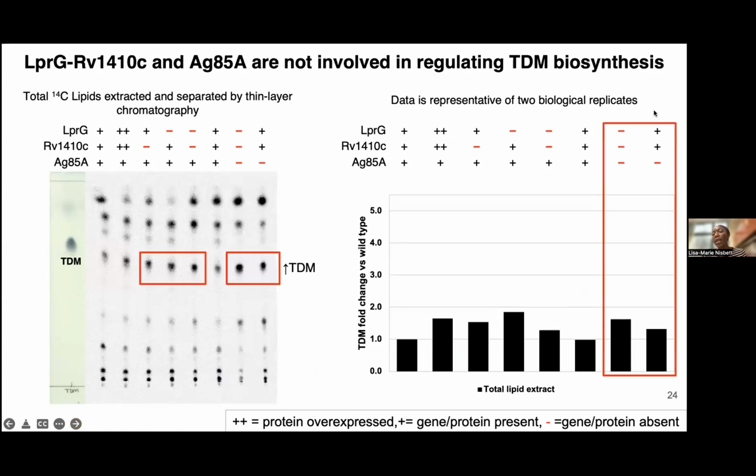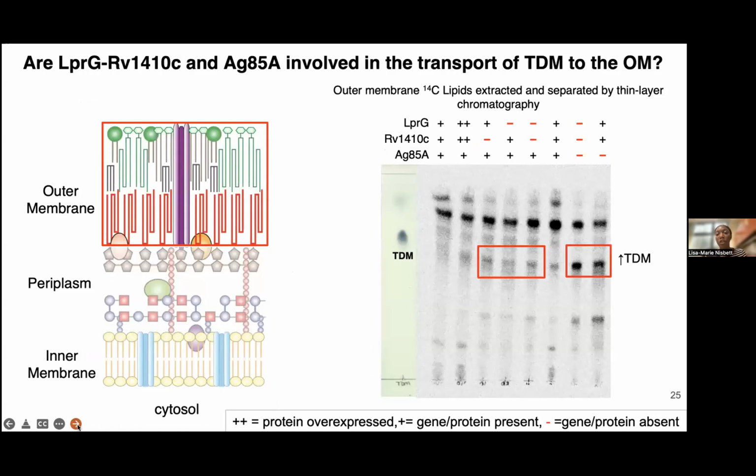Additionally, when antigen 85A only was absent, or when all three proteins were absent simultaneously, the levels of trehalose dimycolate were still comparable to that of the wild type strain in the total lipid extracts. So as a result, my data suggests that LPRG, RV1410C, and antigen 85A are not involved in regulating the synthesis of trehalose dimycolate.